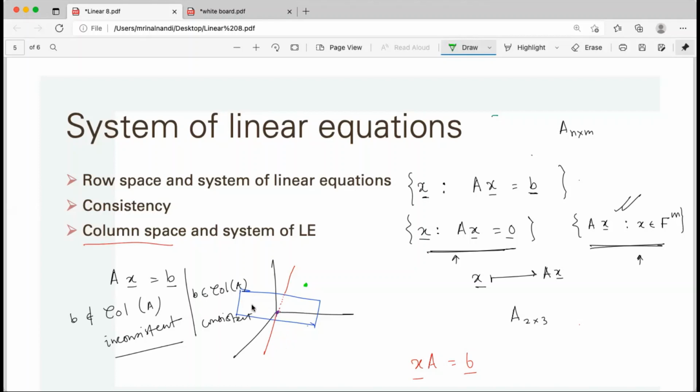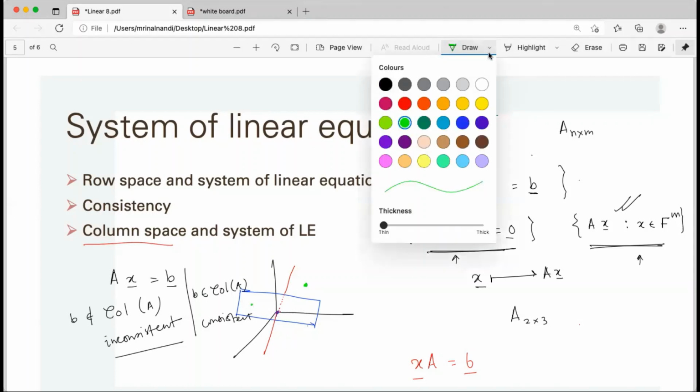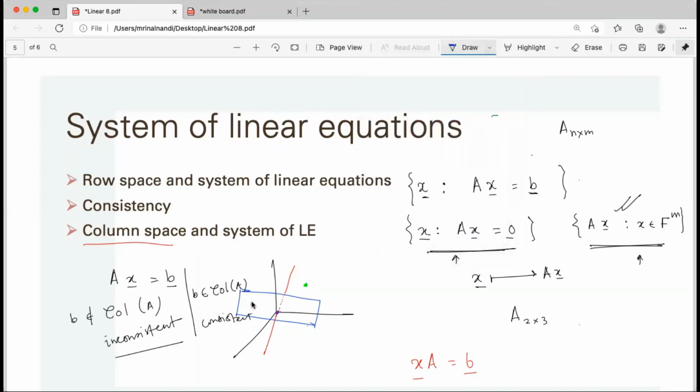But if we take this point inside the plane, say this blue point B, what will the solution space be? The solution space is not a vector space now. If you take a close look, you can easily find that this collection of all solutions is nothing but a line which is parallel to this red line.